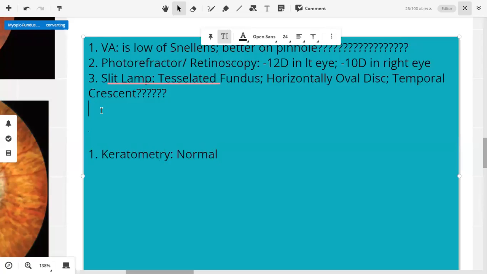And what else should we do? Axial length. So you're thinking, all right, curvature is normal, so it's not curvature myopia. This patient has myopia, so we can perform an axial length, which we see with an A scan. The A scan reveals that axial length is increased.